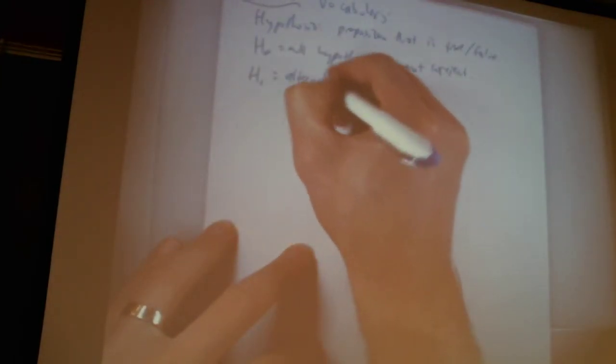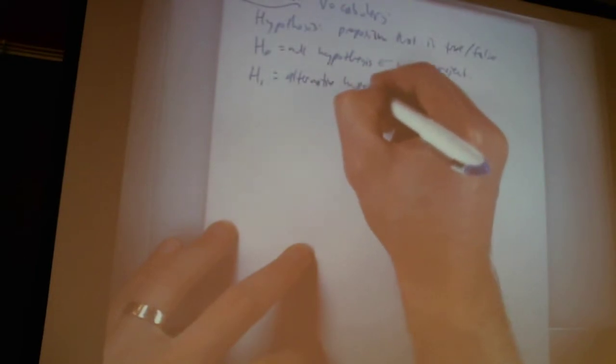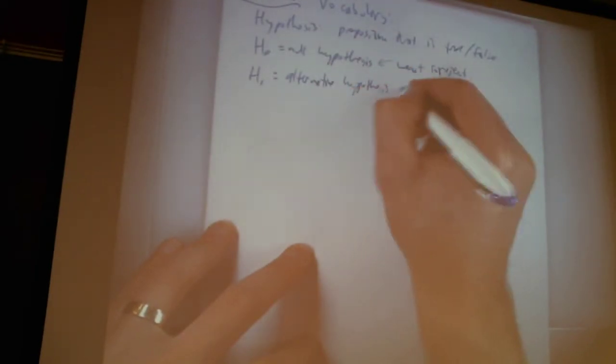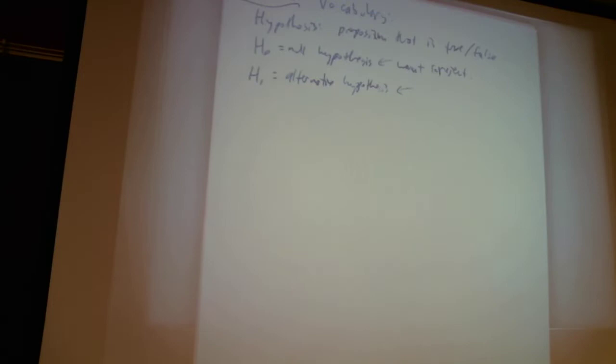Alternative hypothesis. What's the alternative hypothesis? If the null hypothesis is innocent, it's what you're trying to prove, right? It's the guilt that we're trying to establish.